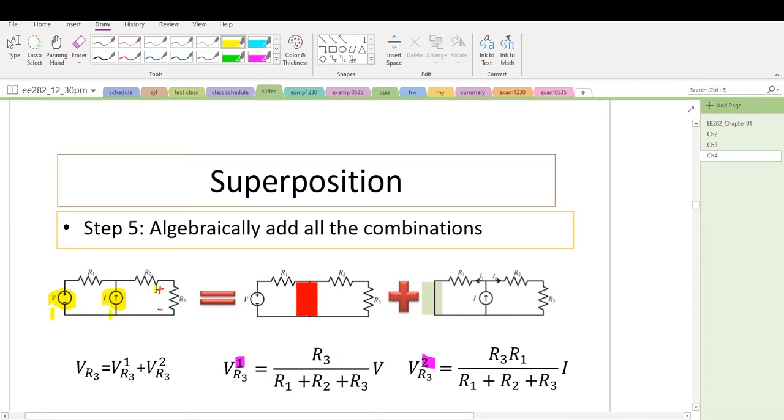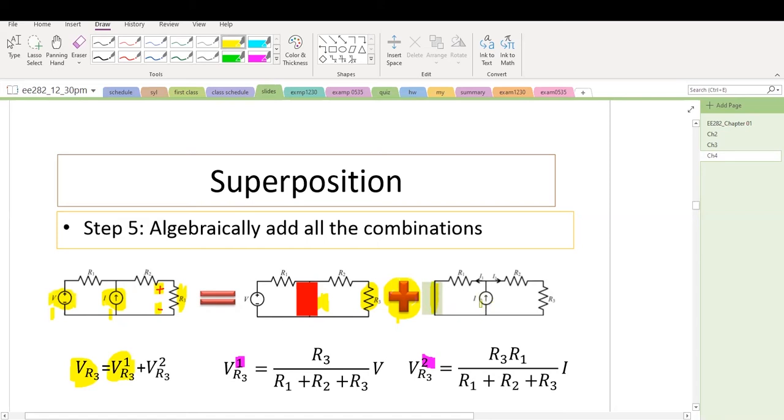Let's consider the voltage along R3, so VR3. VR3 contains two parts. VR31, that's part 1, is the voltage with only the voltage source acting, the current source being taken out. Plus, this is the algebraic sum, the second circuit with the voltage source being taken out.